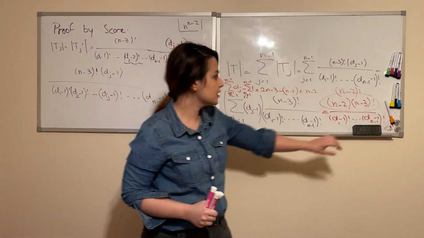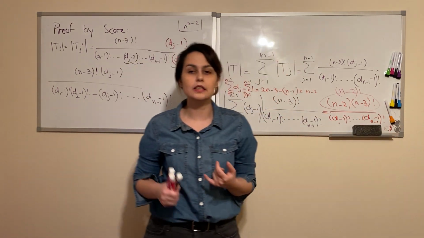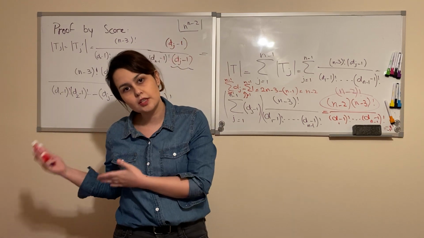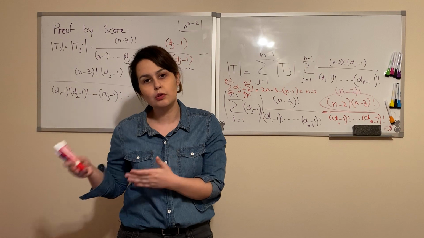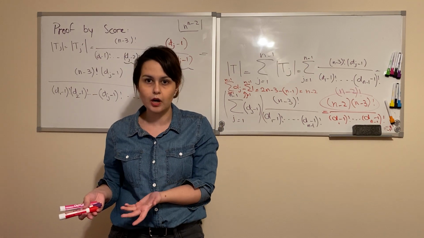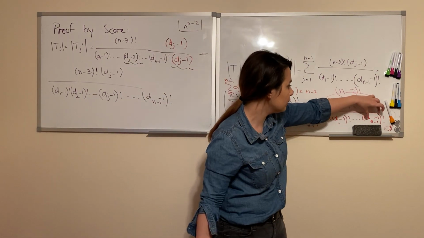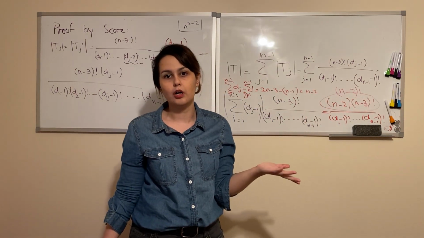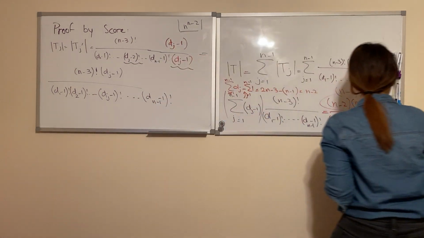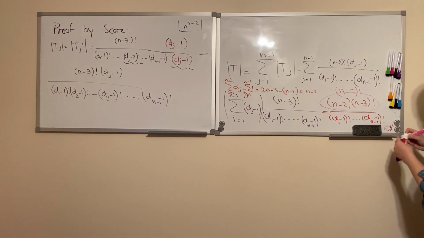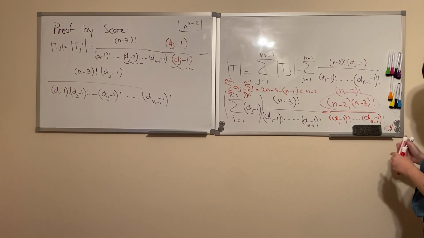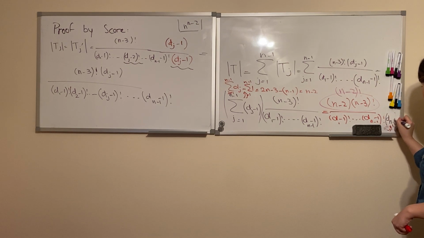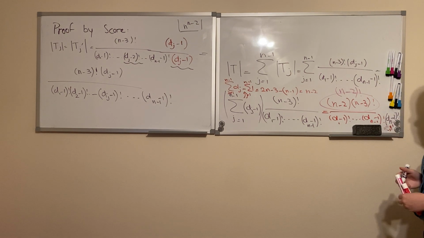But what happens if I have that here? Let's see. d_n is equal to 1, right? So d_n minus 1 is equal to 0, and 0 factorial is equal to 1. So there will be no change if I multiply that denominator by 1, right? So I can easily have that d_n minus 1 factorial here.